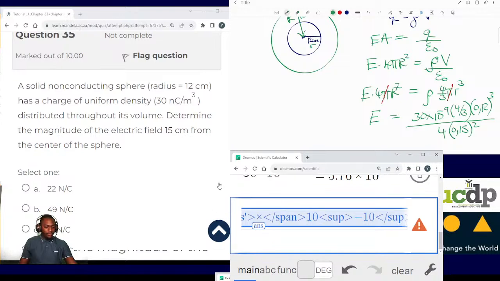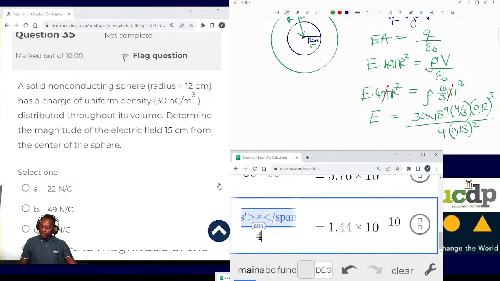divided by 4. I missed epsilon naught there.